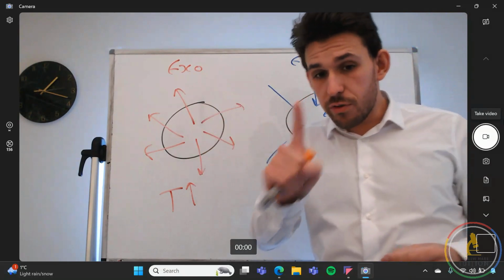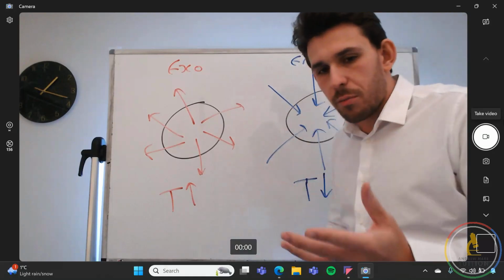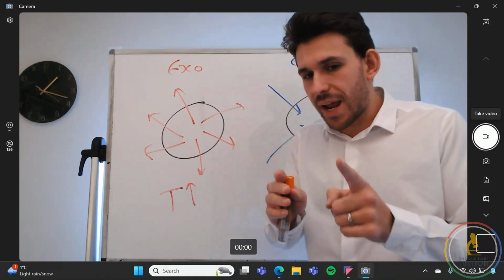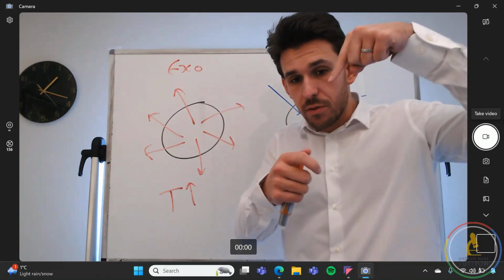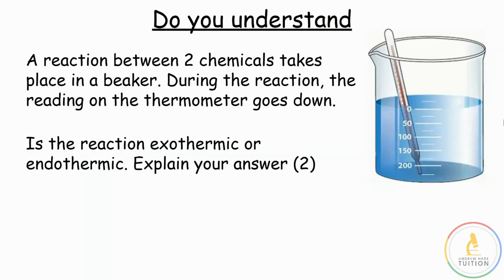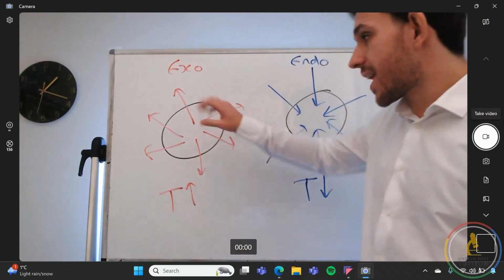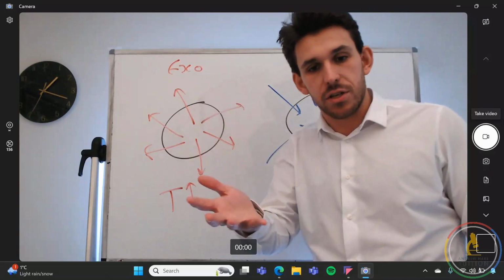However, if you thought that, you've missed the fact that the thermometer isn't part of the reaction. Although the thermometer may be in the beaker, as you can see in the picture, it's not reacting. The only thing that is part of the reaction are the chemicals within the reaction itself.